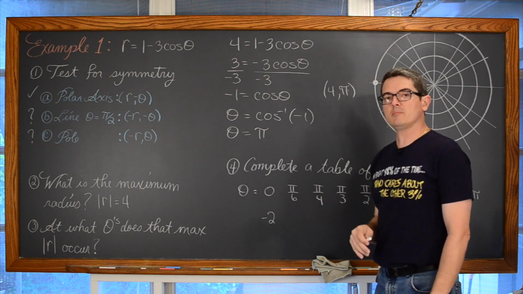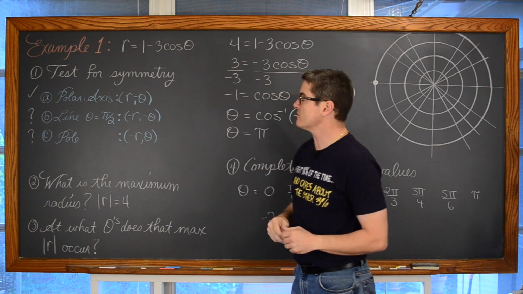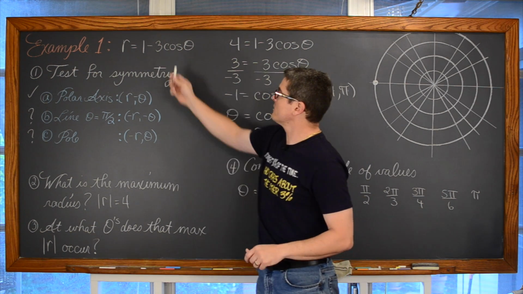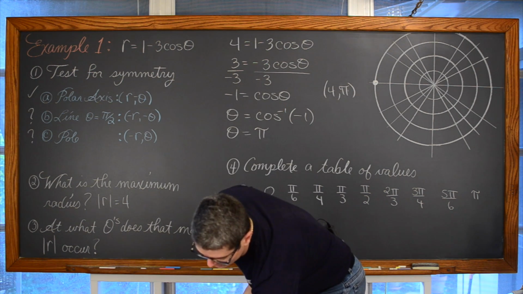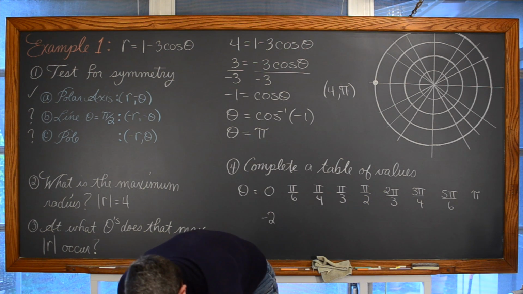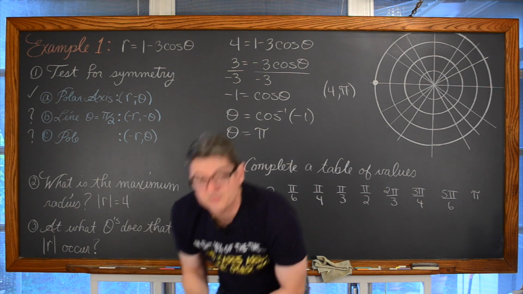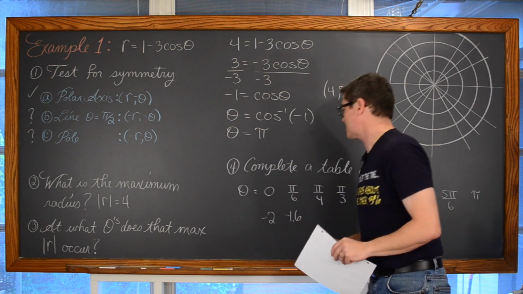And then we can put in pi over 6. The cosine of pi over 6 is square root of 3 over 2. And square root of 3 over 2 times 3 and then subtracted from 1 is going to be approximately equal to negative 1.6.